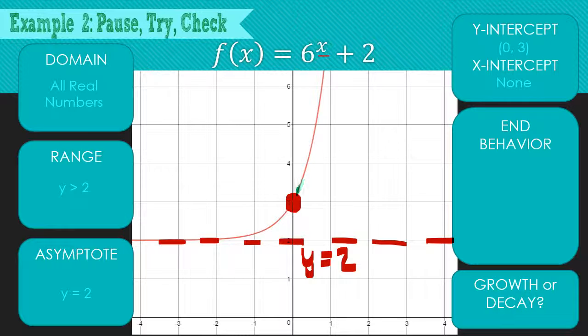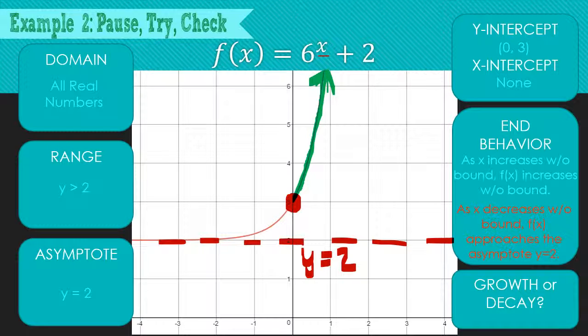If we look at how my graph is changing as my x's get larger, as my x increases without bound, my function f of x is also increasing without bound. It's getting bigger as my x's are getting bigger. And as my x values are decreasing, I'm getting closer and closer to that asymptote, which is at y equals 2.